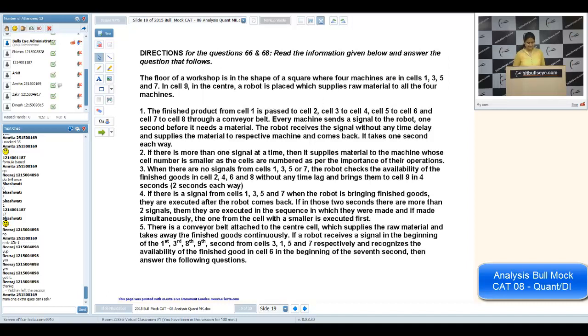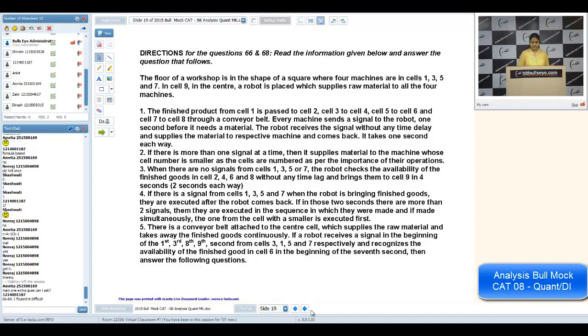Okay, 66 to 68. Again, it was, I'll say, not easy but a moderate one. You have many directions for this, but you could do that.